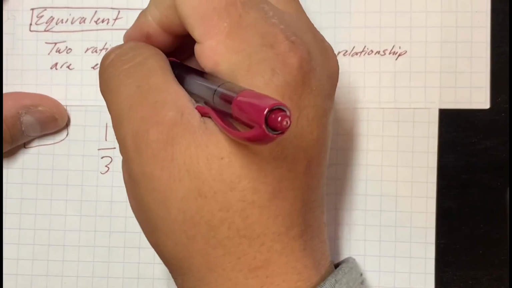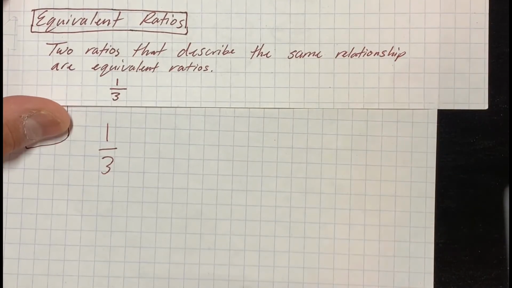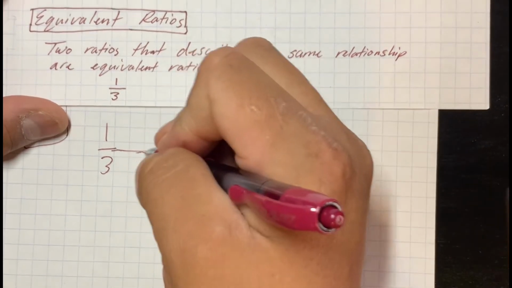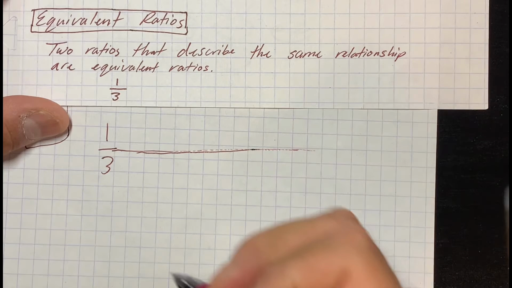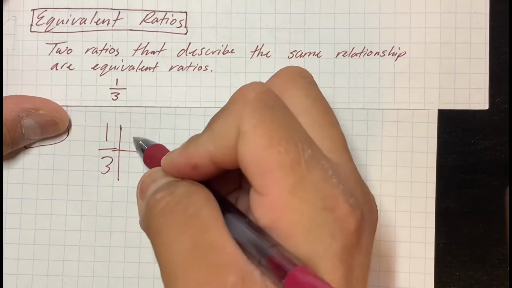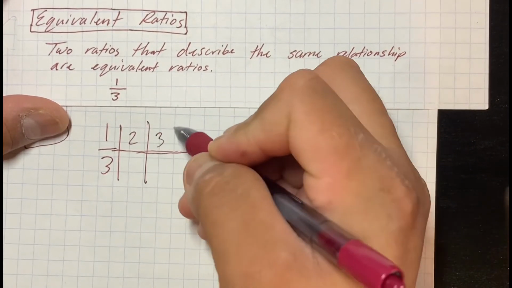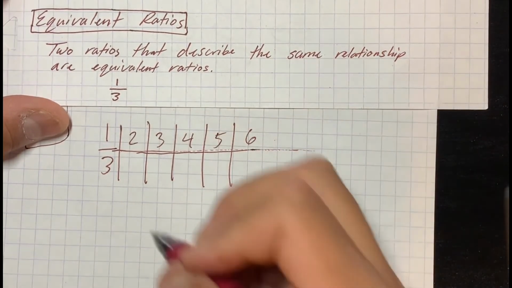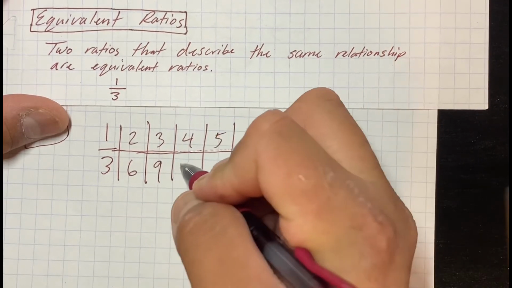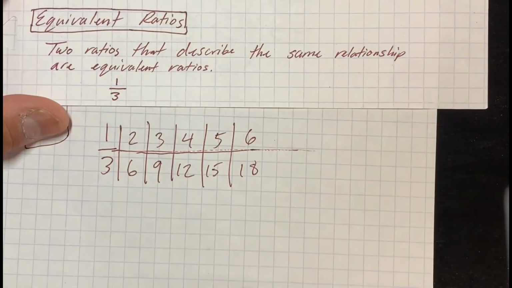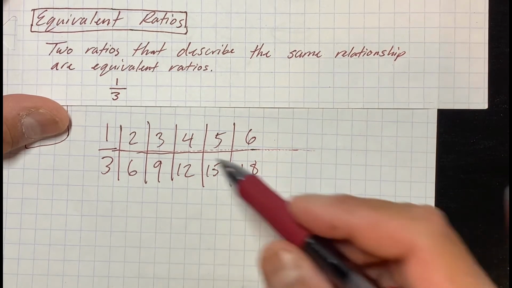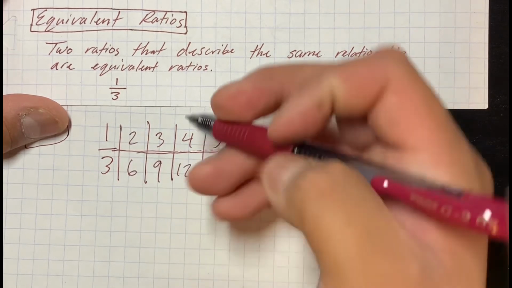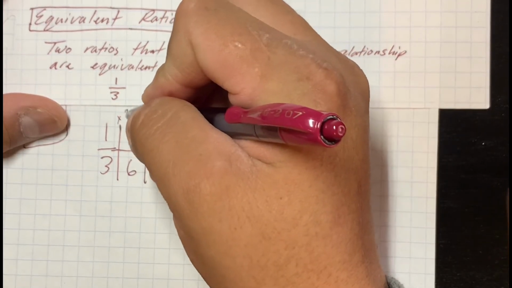So 2 ratios that describe the same relationship are equivalent ratios. So that means that if we were to extend that out, now what do you notice here? Well, these would be all equivalent ratios. So all we did with 1, 2, 3 was we multiplied this by 2.